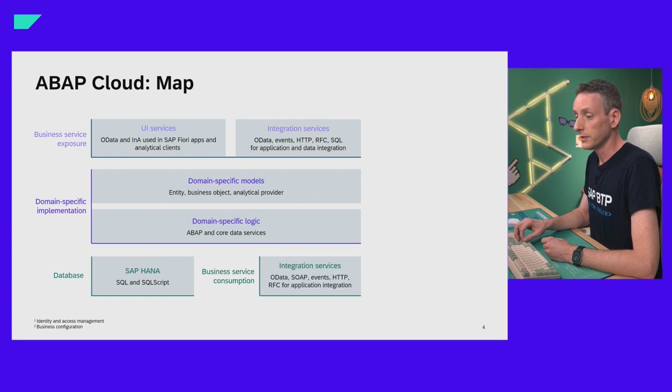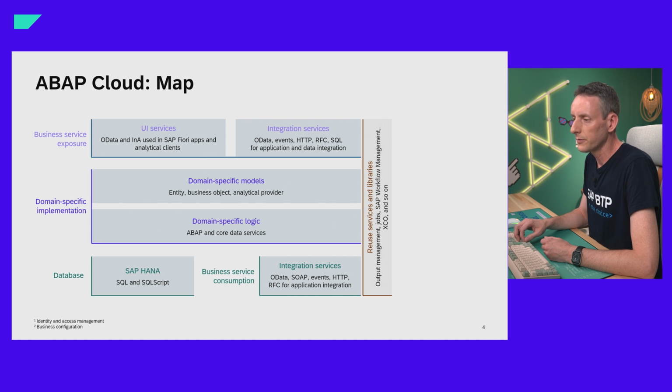On the consumption side, at the bottom, we have the integration services as well. That means that you can consume services by the OData protocol, SOAP services, and so on, in order to set up environments and scenarios, for instance, in a side-by-side extension.